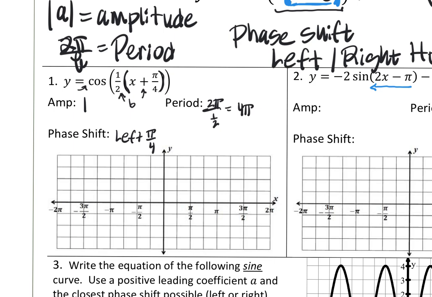There's no up or down, so our x-axis is our midline. Cosine starts with our A, the value in front, so it's starting at 1. Normally we start at 1, but I have to remember to go left pi over 4 for every single one.